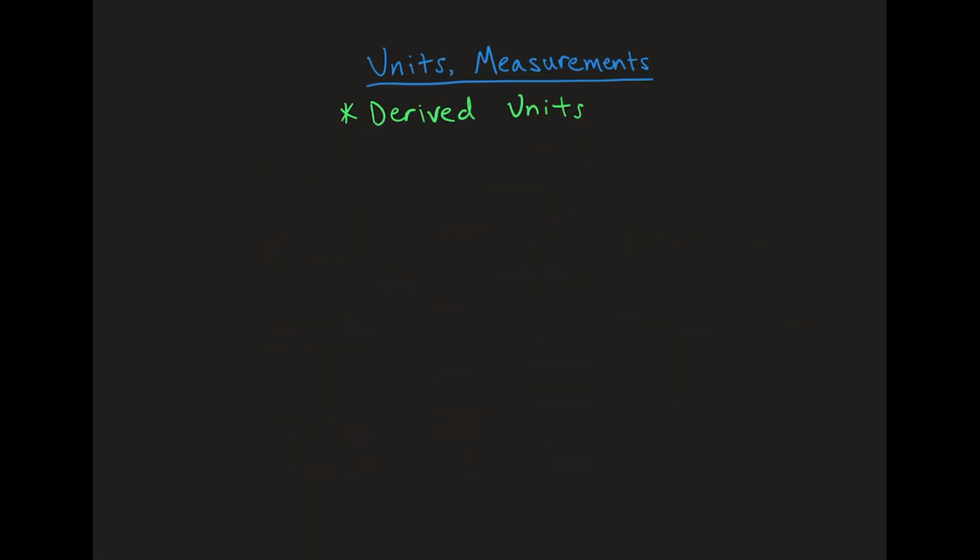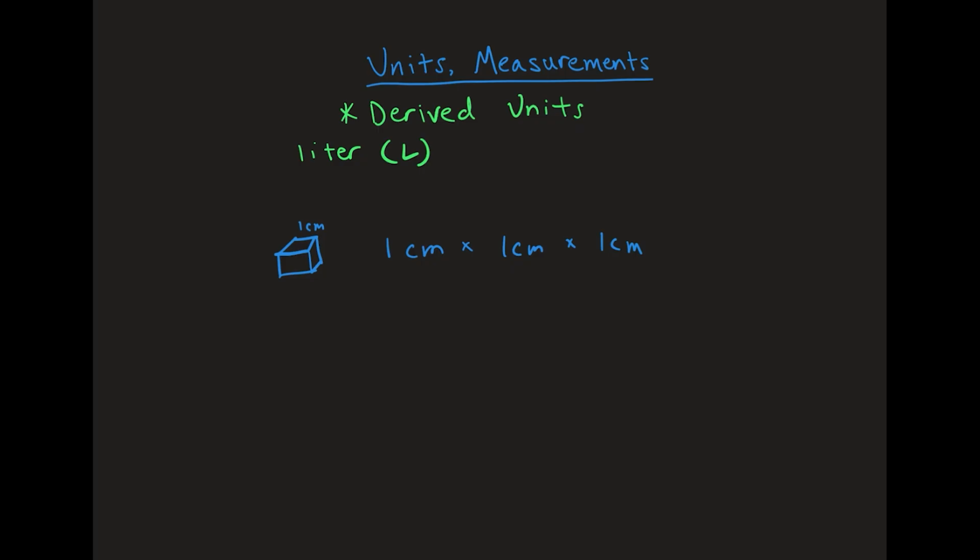In addition to the base units, there are also some units that are derived from them. The one we'll be using today is the liter for volume. And it's derived like this. Suppose you have a cube that is 1 centimeter on each edge. So the dimensions of this cube or box is 1 centimeter by 1 centimeter by 1 centimeter.